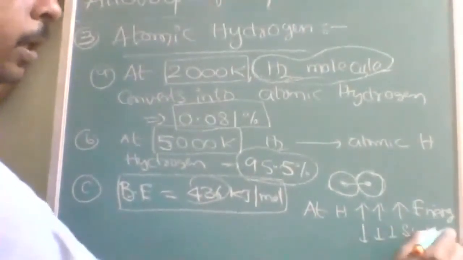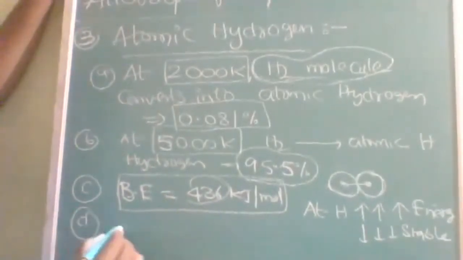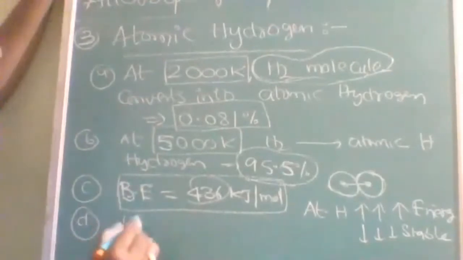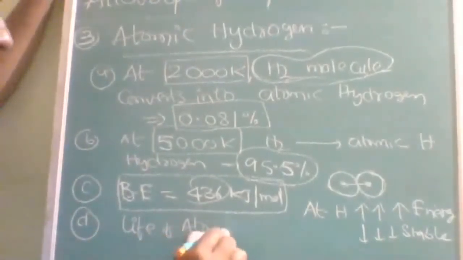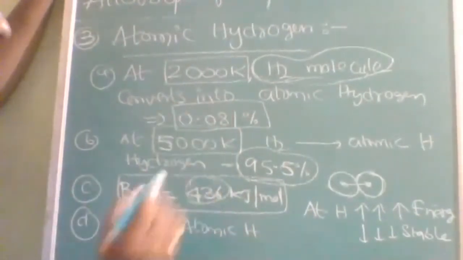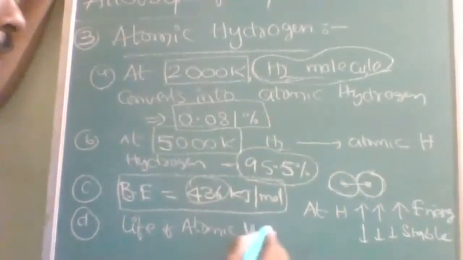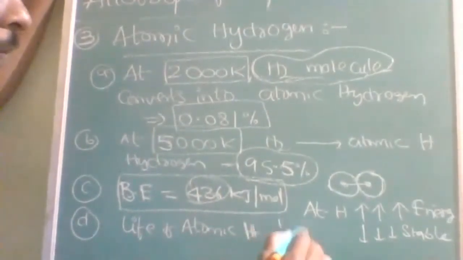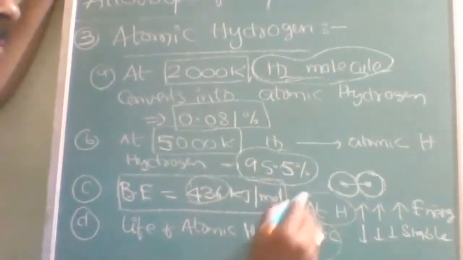That can be proved by using the half-life, the life of atomic hydrogen. After giving so much high temperature and energy, we can still see atomic hydrogen in this form only for 1/3 of a second. That means not even 1 second, only 1/3 of a second it stays as atomic hydrogen.